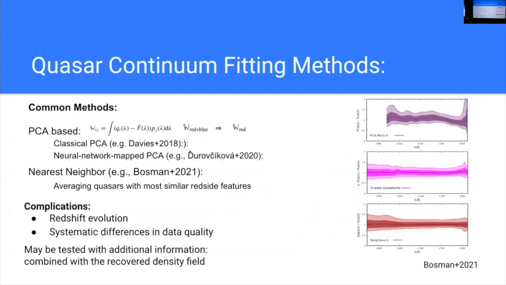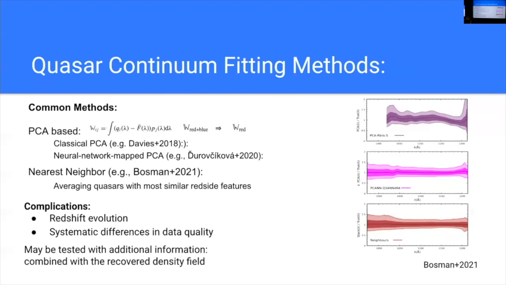So the way that we usually construct the blue side of the continuum is to learn from a sample of lower redshift quasars and build a method to extract the information from the red side to predict the blue side continuum.